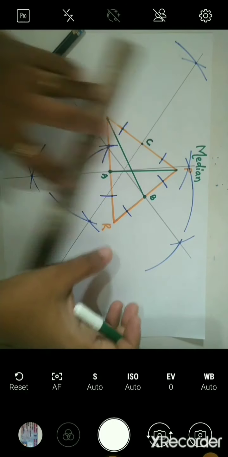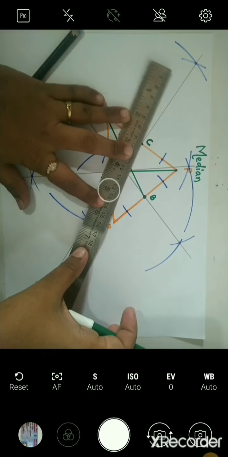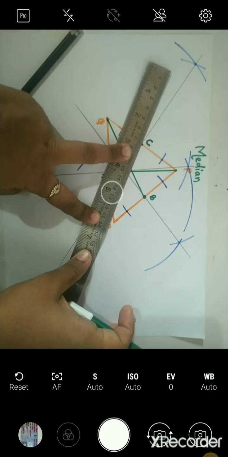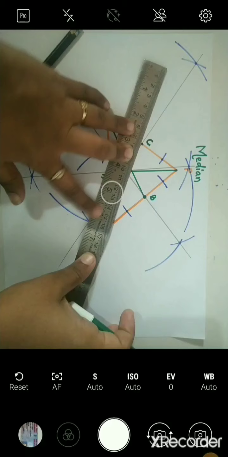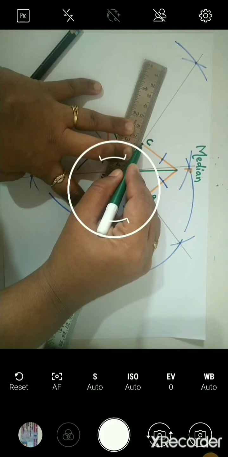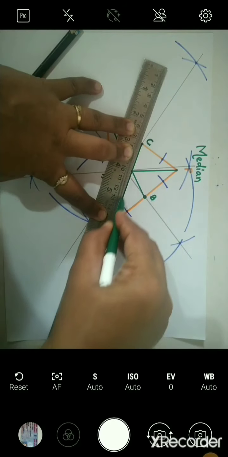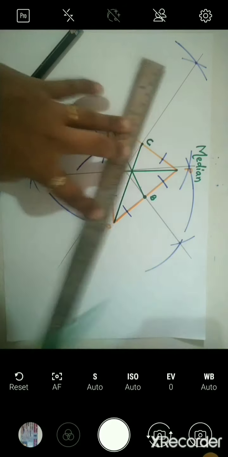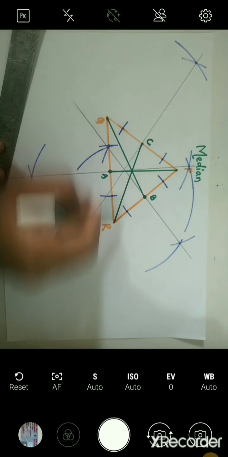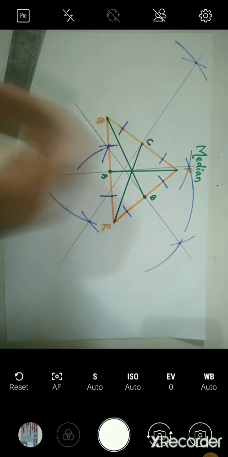The opposite vertex is R. So this midpoint C of PQ I am going to join with the opposite vertex R, and here I have done that. So you can see CR is the median of PQ.